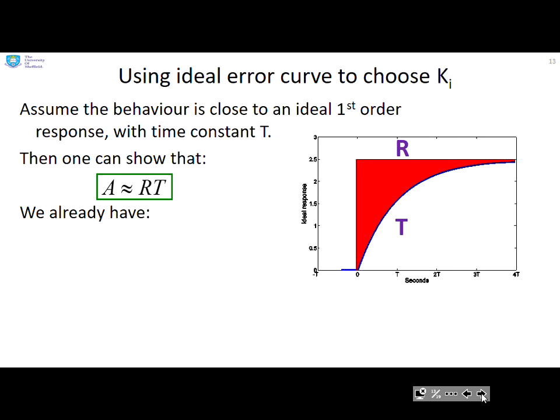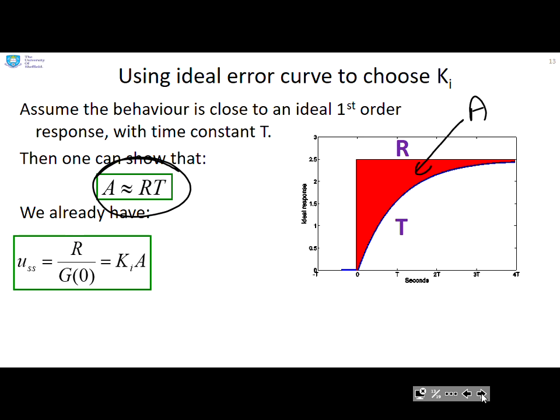How can I use these insights? So let's assume that the desired closed loop behavior is close to an ideal first order response with time constant T, which is what you can see in this graph. Now it's possible to show in that case that this area A is approximately RT.